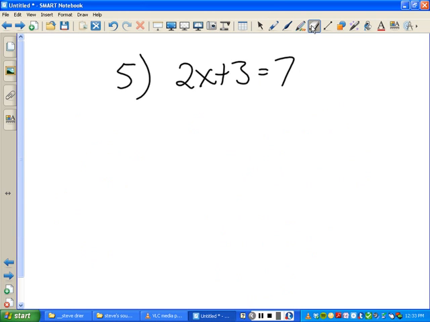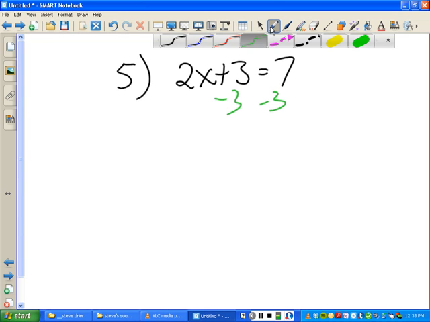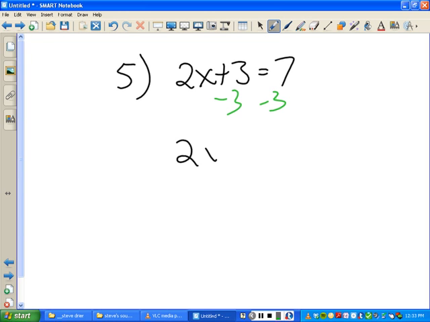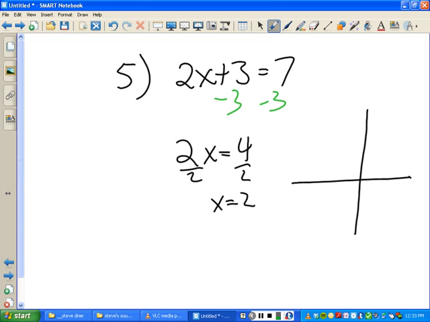What do we do? Subtract 3, 2x equals 4. Divide by 2, you get x equals 2. What does that look like? 2, 0. It's a vertical line through x equals 2.